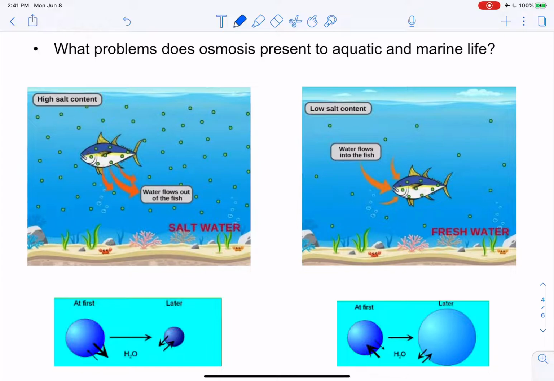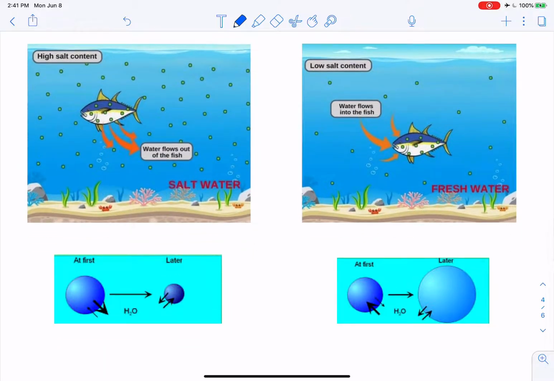So if we take a look at the fish on the left-hand side, this fish is in salt water, so there's a high concentration of salt on the outside of the fish's cells. So the water that's inside the cell wants to rush out into the salt water outside and dilute it.